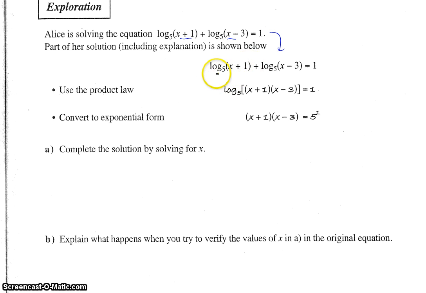We now have two logarithms being added together in this particular example. They're both base 5, and we're adding, so we can use our product law from logarithms, where that's the same as multiplying within one log. So that would become log base 5 of (x plus 1) times (x minus 3).